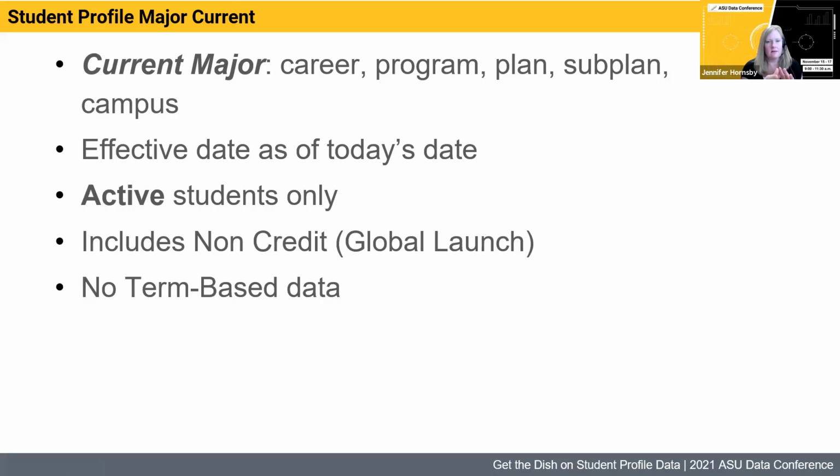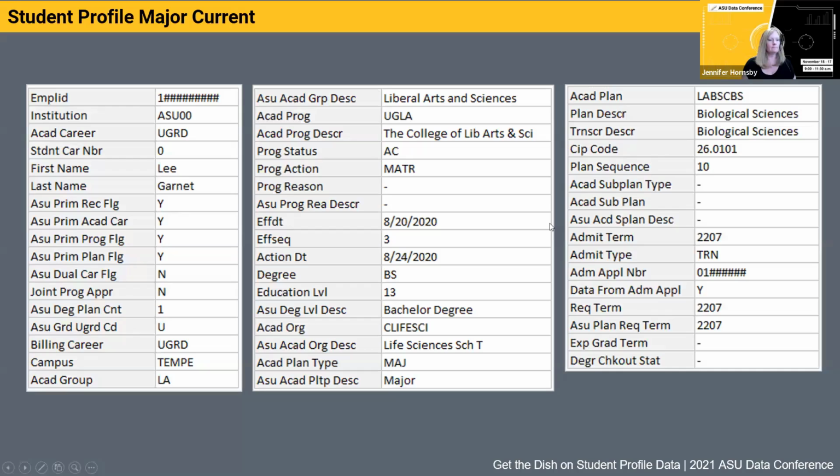And since it's the record as of today, it's not tied to a particular term and there is no term-based data. So this table does not have enrollment status, it does not have academic level or GPA, anything that has to be tied to a term to mean anything. Other than that, it has all the nice major related data that was in the first table we looked at.